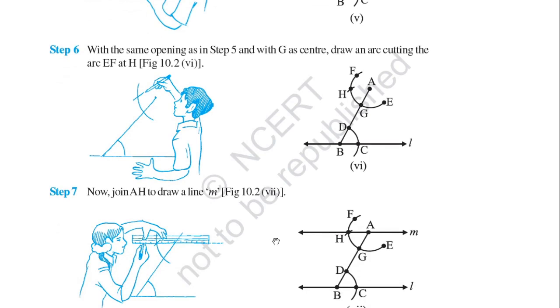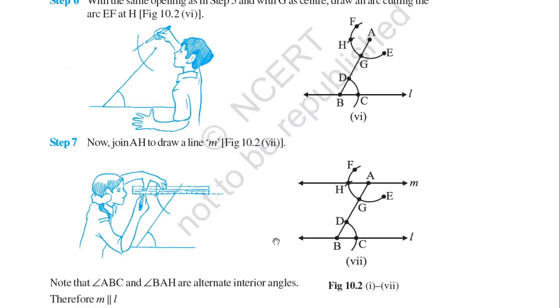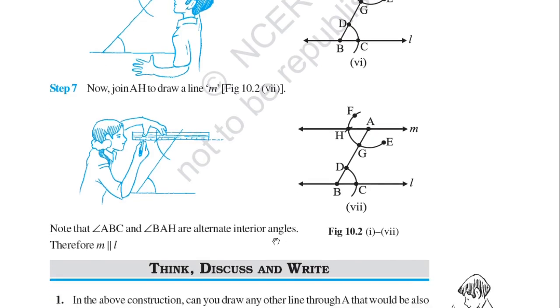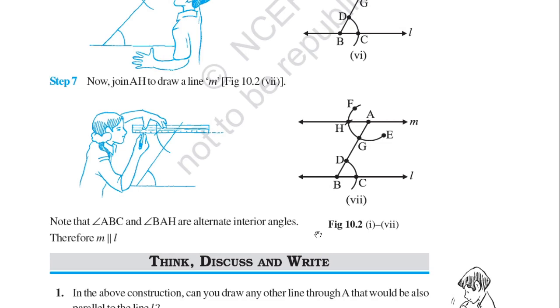Now join AH to draw a line M. Now note that angle ABC and angle BAH are alternate interior angles. Therefore M is parallel to L.